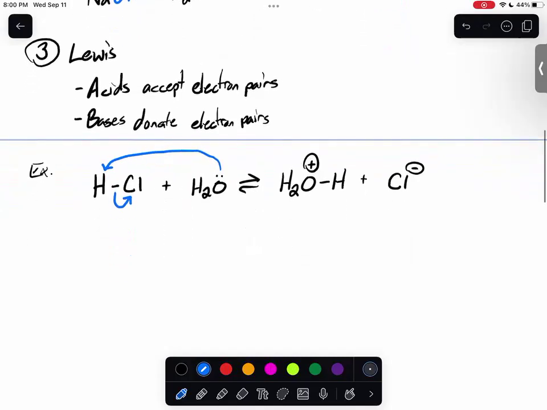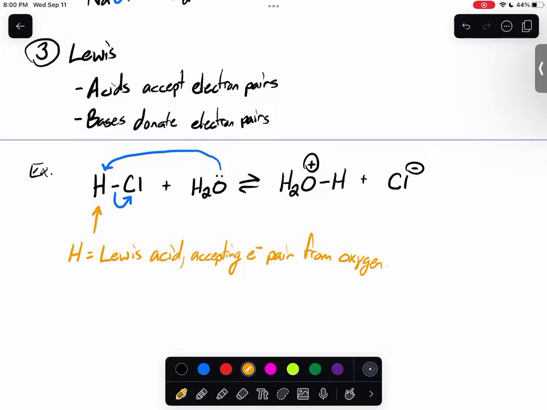And so we can imagine, given this definition, that the hydrogen here, we can see it taking an electron pair from the oxygen. So the hydrogen here is the Lewis acid, as it is accepting the electron pair from the oxygen.